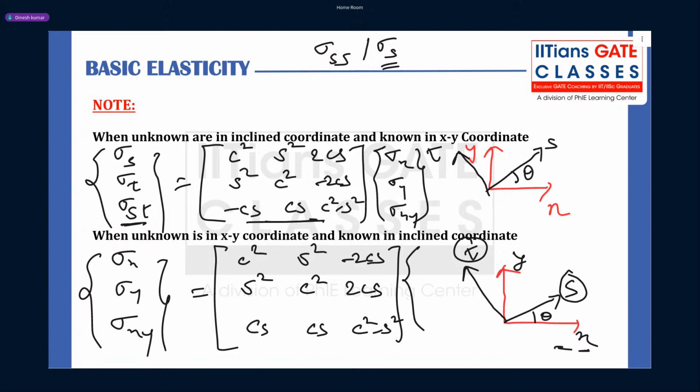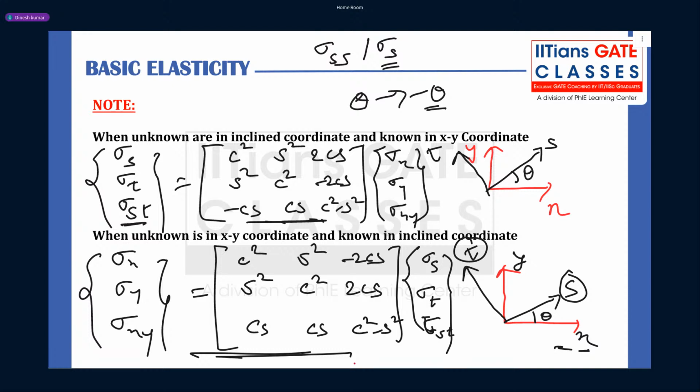Okay, and this will be multiplied by sigma S, sigma T, and sigma ST. Clear? So what we can do in this matrix is, instead of theta, substitute minus theta. Then we will get this matrix. Clear? You can see initially the theta is making this angle anti-clockwise with respect to the given quantity.